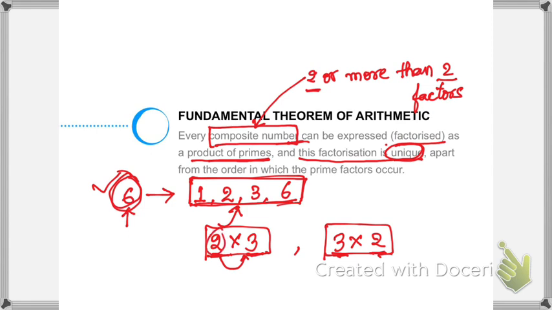The factors are 2 and 3 only. Regardless of the order, the product of the primes is unique. This is what the fundamental theorem of arithmetic states.